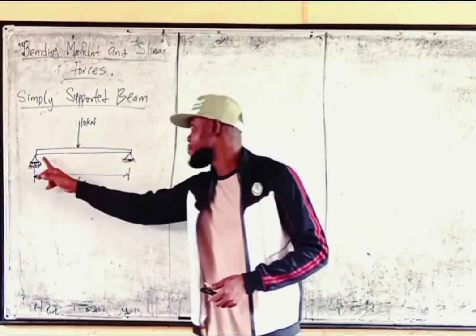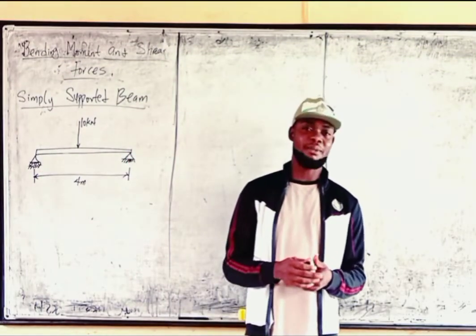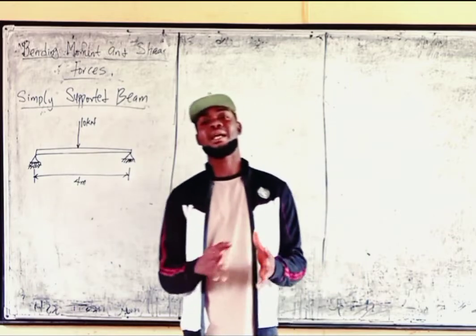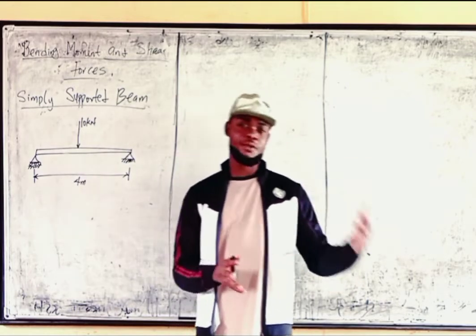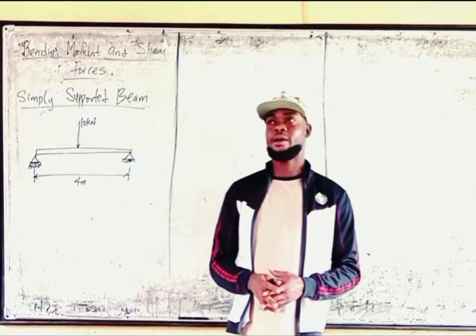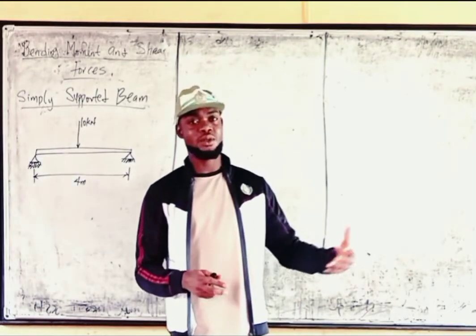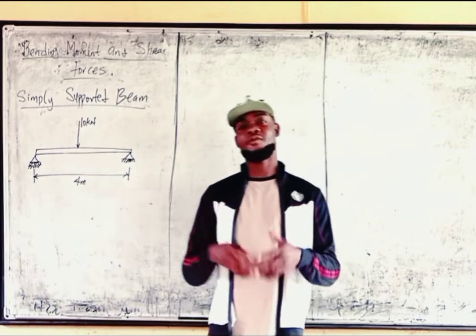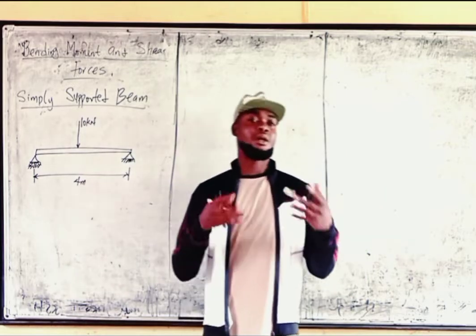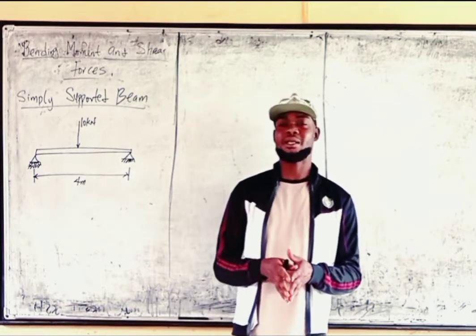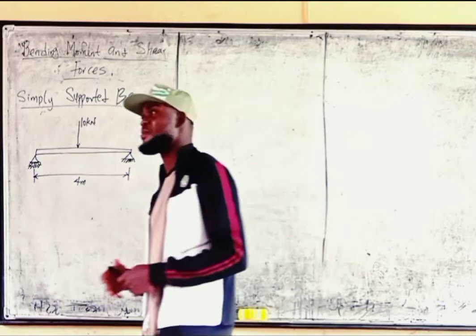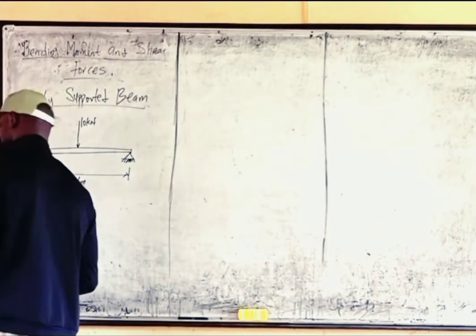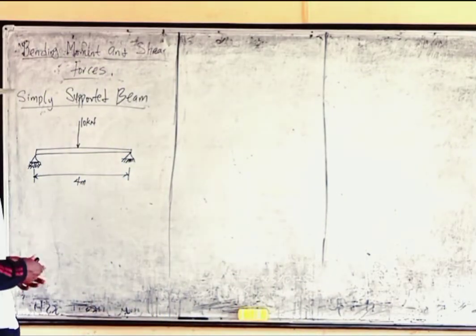If you put pin and pin in this place, it will become indeterminate, which means we cannot solve it with the static equilibrium equations we looked at in one of our earlier videos on this channel. We have looked at static equilibrium equations, force equilibrium, and supports used in structural mechanics. So this is just a simple example of how to calculate bending moment and shear force diagrams.